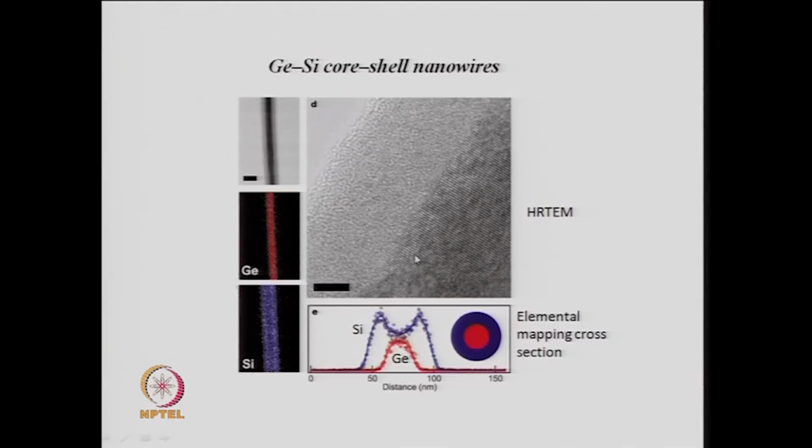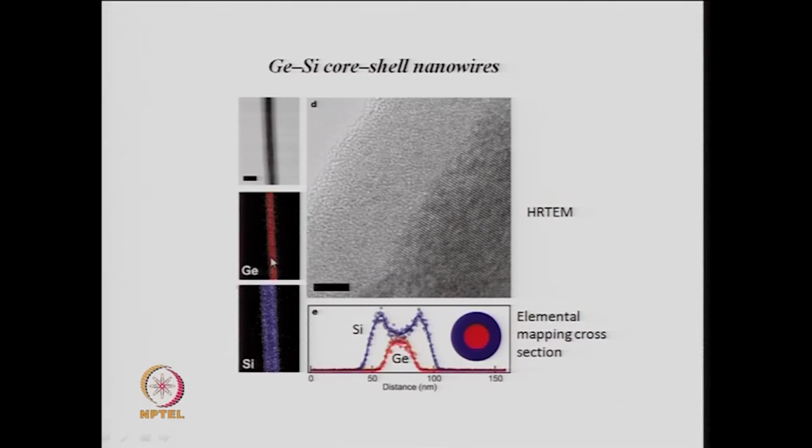And if you do an EDAX mapping like we discussed in the axial heterojunction in the gallium phosphide and gallium arsenide case, where you could see the two semiconducting nanowires which are interconnected. Here, in the coaxial wires, inside you have germanium, and that is color coded red, and you do not see any red color outside this.